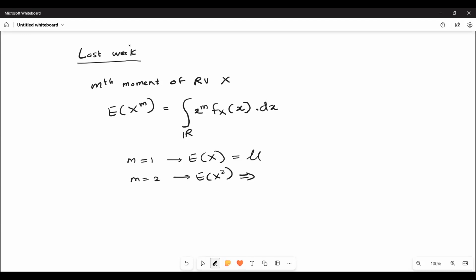Using E[x squared], we can find the variance. But variance is not equal to the expectation of x squared.